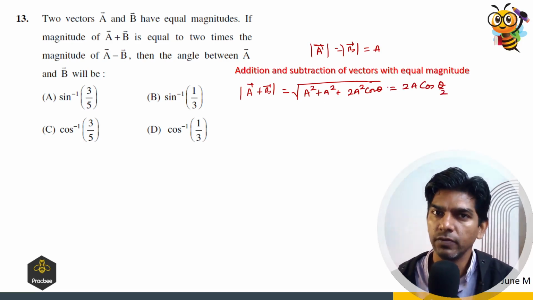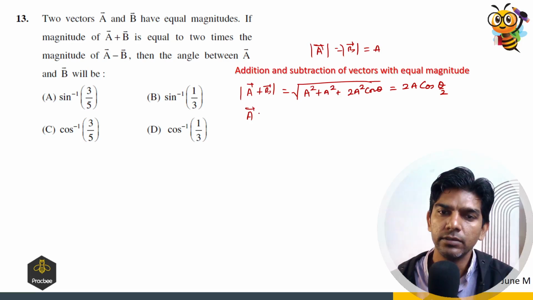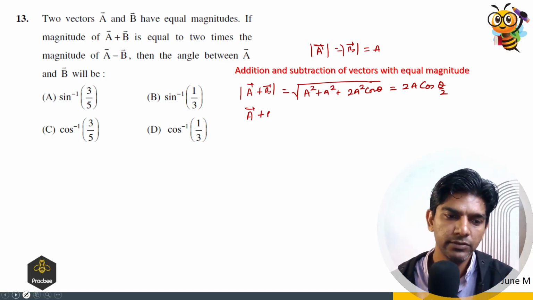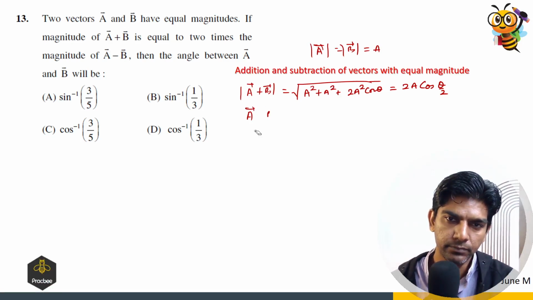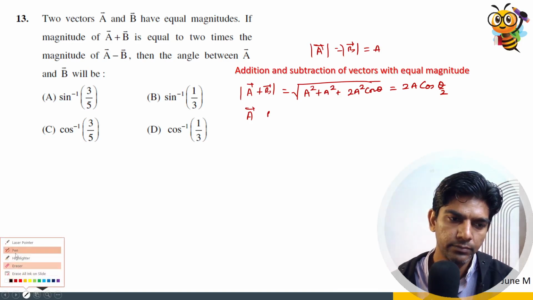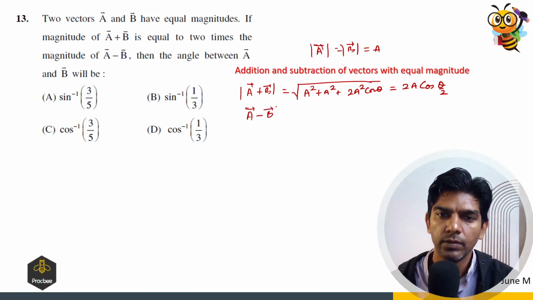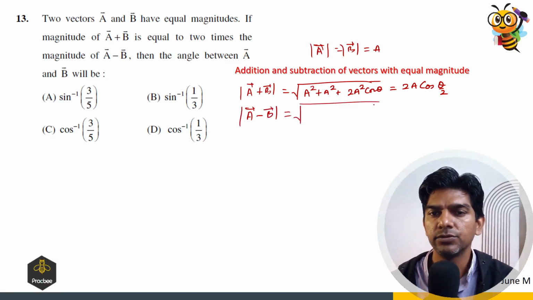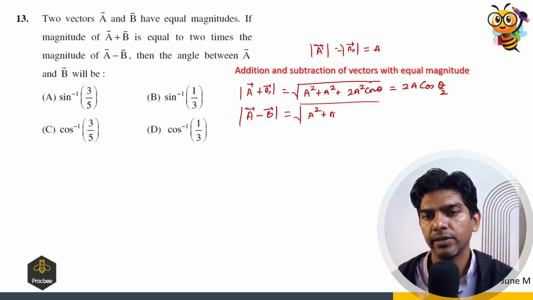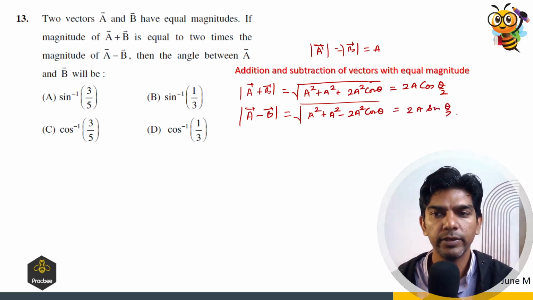So we can use either of these two formulas. And if you take the subtraction, A minus B, it can be written as root of a square plus a square minus 2a square cos theta, which comes out to be 2a sine theta by 2.